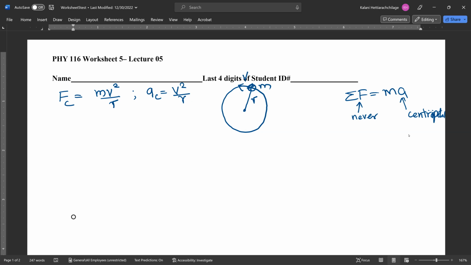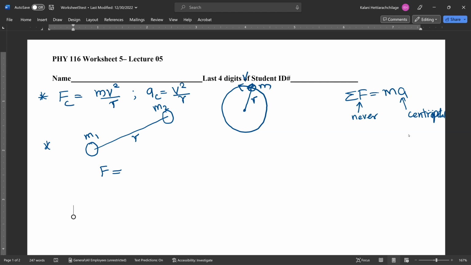Okay, so now the second part of this lecture, we discuss the gravitational force. If I have two objects sitting at a distance R, with mass M1 and mass M2, there is a force between these objects. That force we call the universal gravitational force.